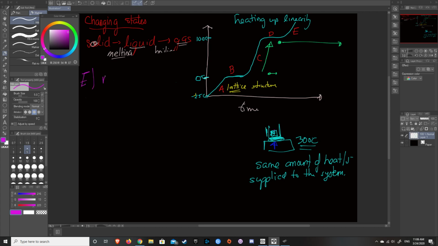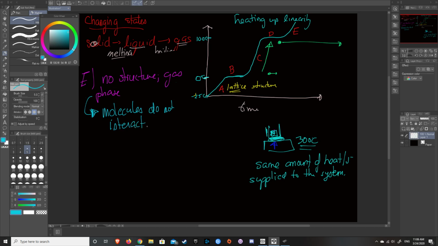So at E, there's no set structure. It's in the gas phase. And in the gas phase, the molecules do not interact. So the molecules do not interact with one another.